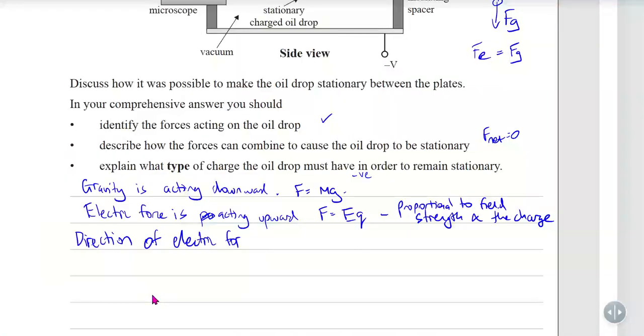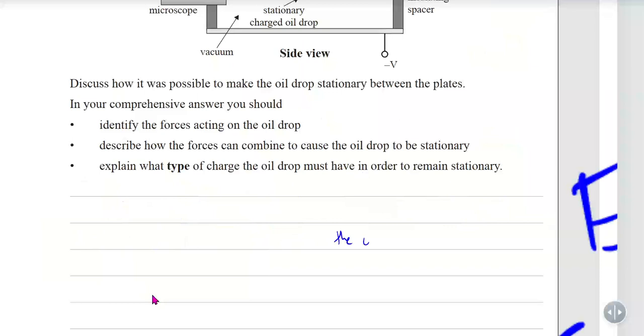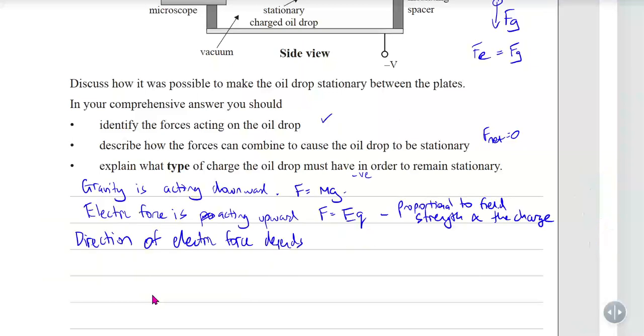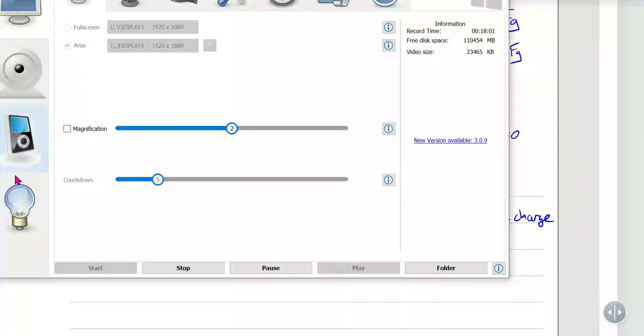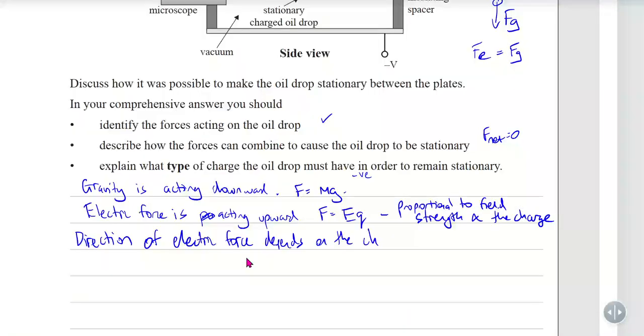The direction of the electric force depends on the charge. So it depends on the charge.